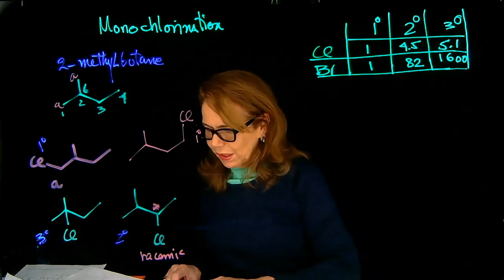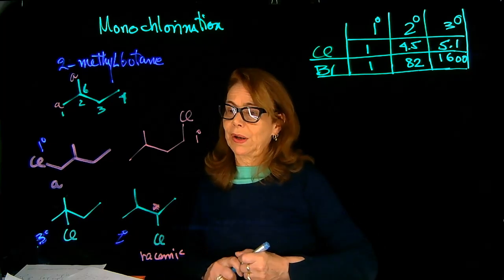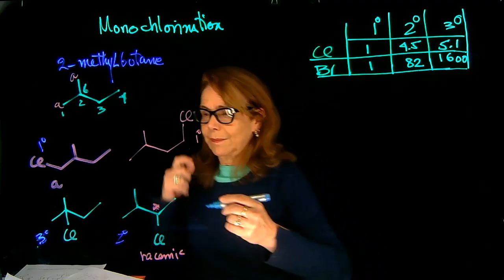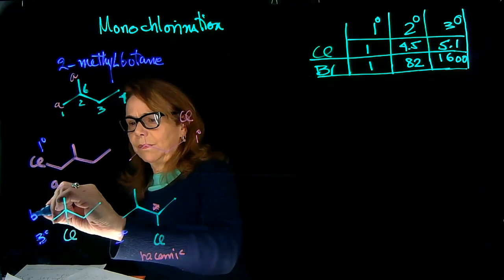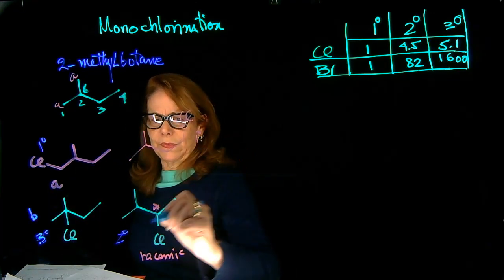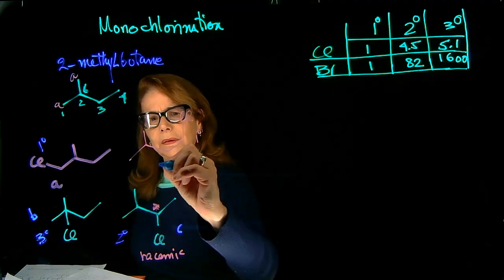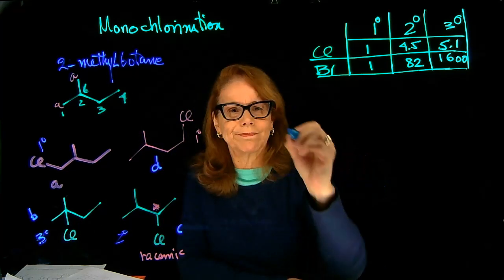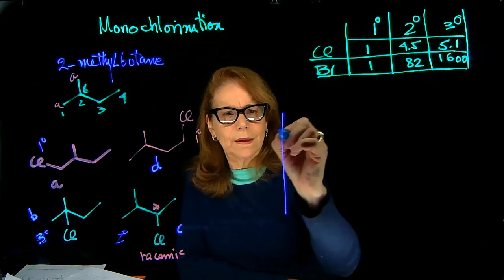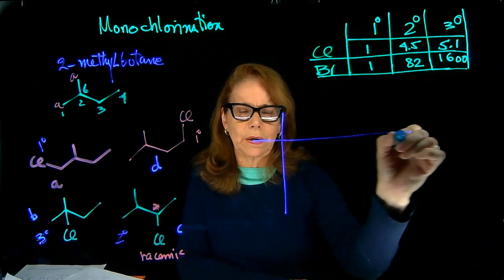Now let's calculate what is the yield that we will have. I have named this product B, so let's call that C, and let's call that B. And now we're going to make another table: how much of each of the products I can form.